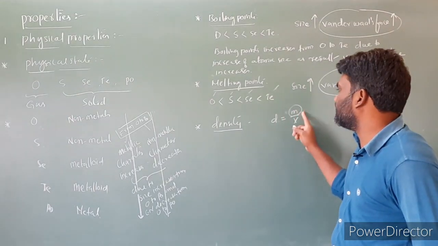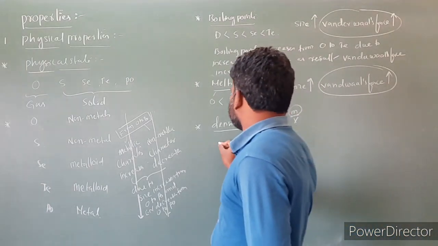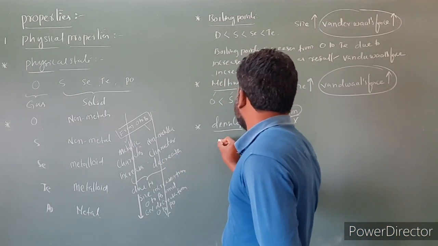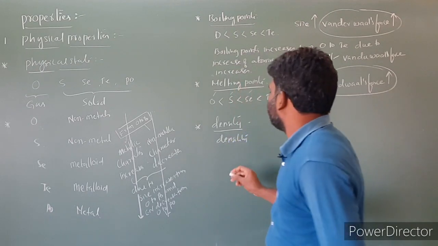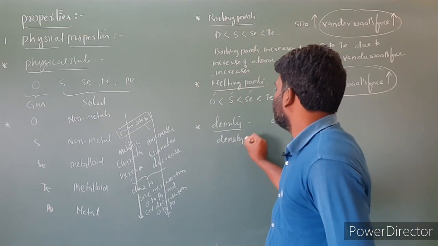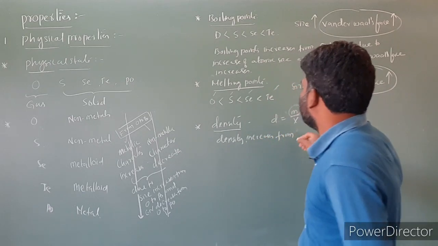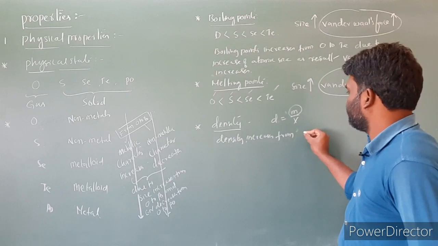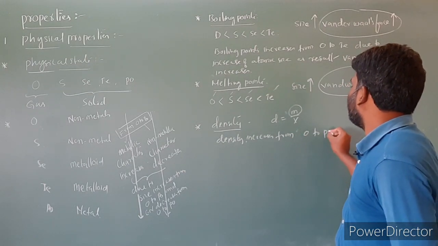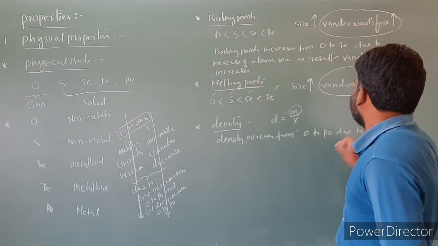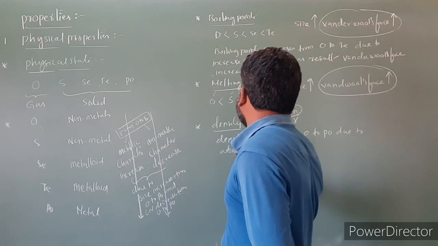Then we can write: densities increase from oxygen to polonium due to atomic mass increase.